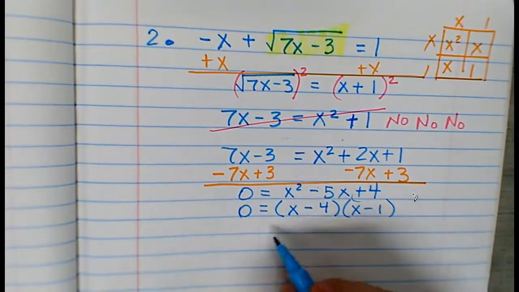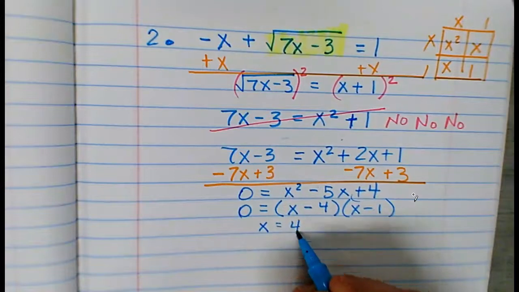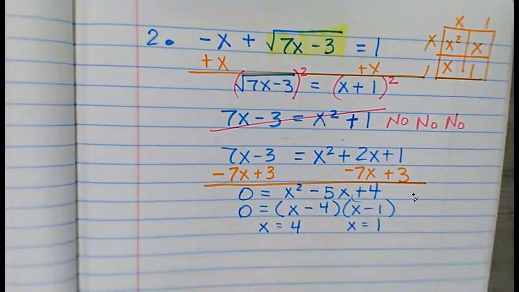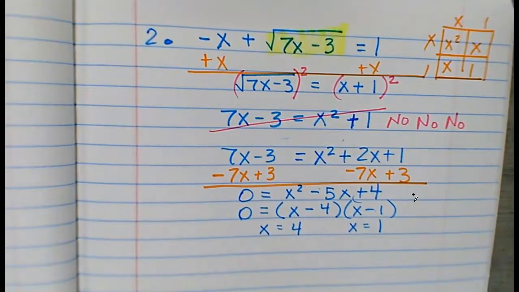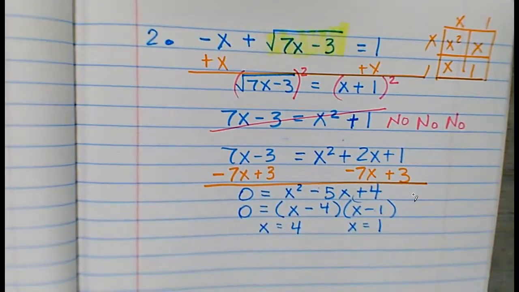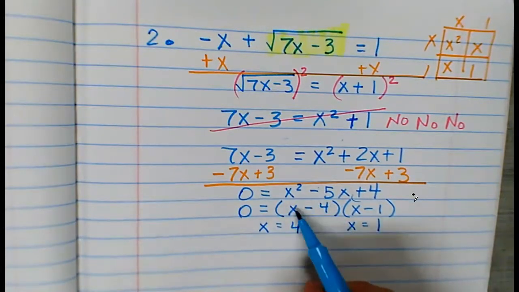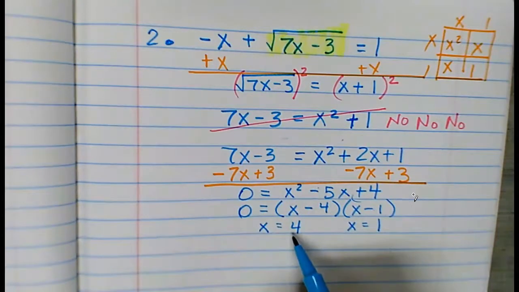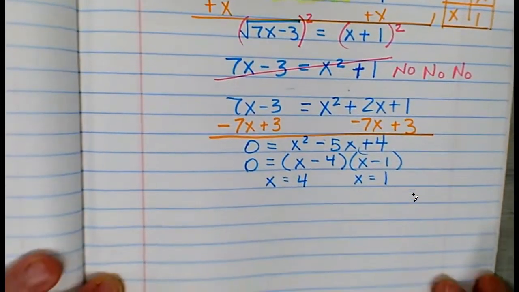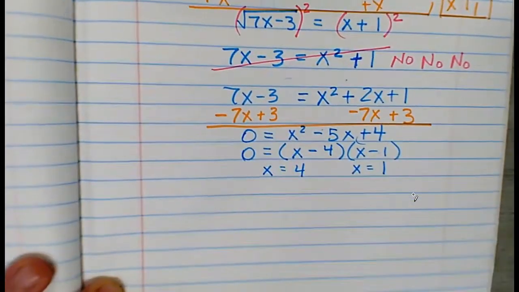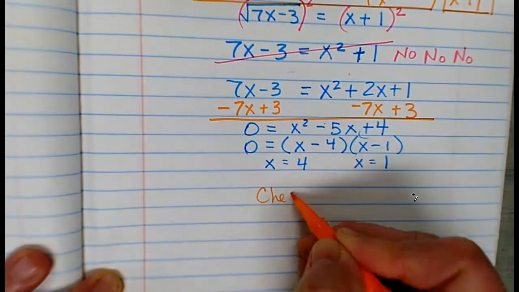And so when I set these equal to 0 and solve them, I will get 2 answers. When I have 2 answers, I need to have 2 checks. And I skipped a step there, because when I set that equal to 0, I'm going to add 4 to both sides. And so you should be able to start skipping some of these easier steps.